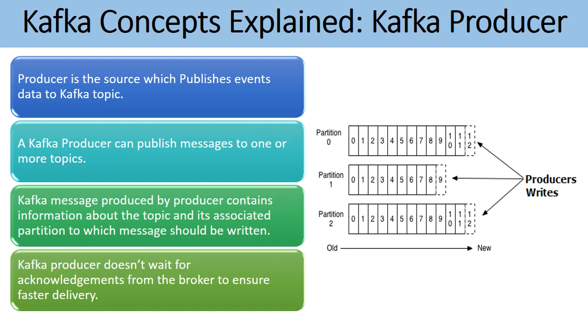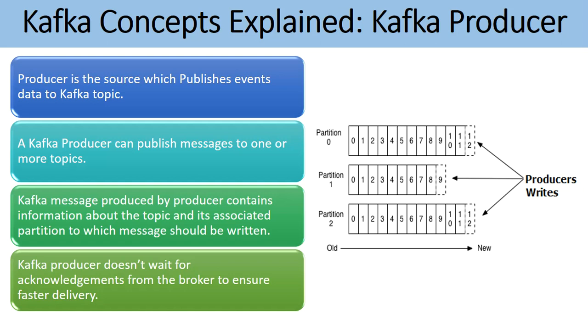So a producer doesn't necessarily have to produce messages for only one topic. There can be scenarios where a producer is producing a message, and the same message or a copy of the same message is published to multiple topics. And Kafka messages produced by the producer contain the information about the topic and its associated partition to which the message should be written.